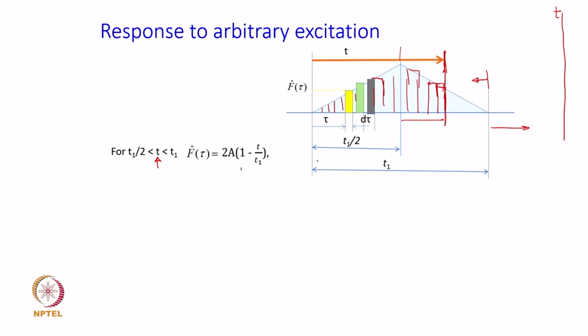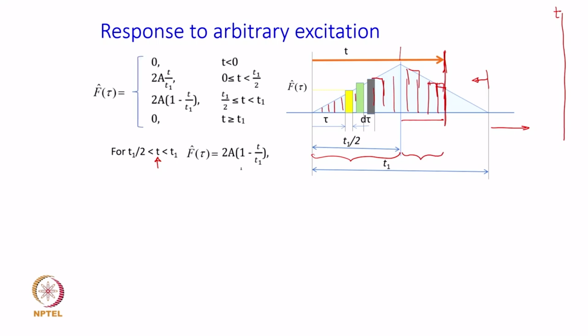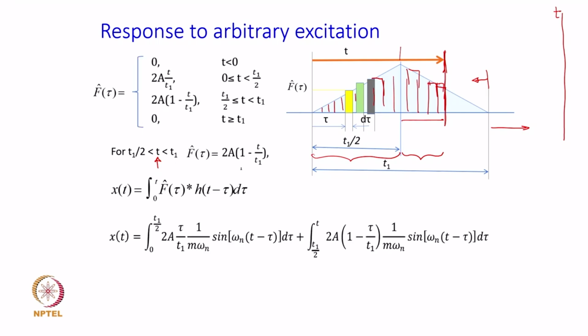One to take into account the contribution of all these impulses, which is defined through a different mathematical expression, followed by the contribution from all impulses, which is defined by some other mathematical expression. So, therefore, what we do is we split the total integral or split the total contribution into two different integrals, as we see here and in here.